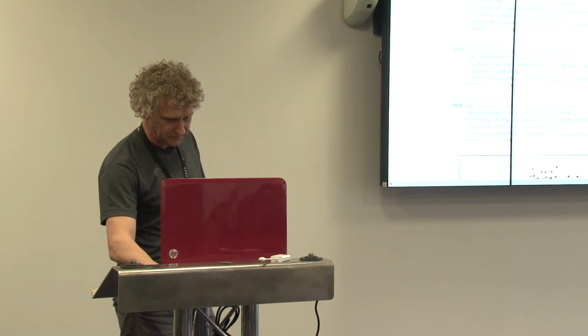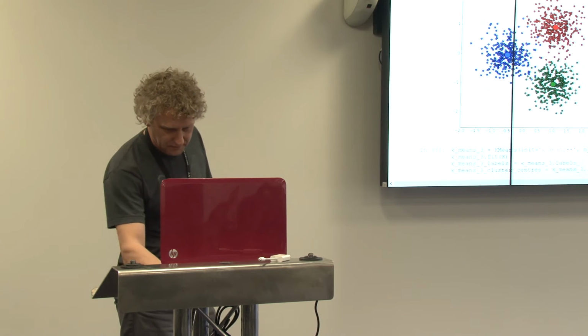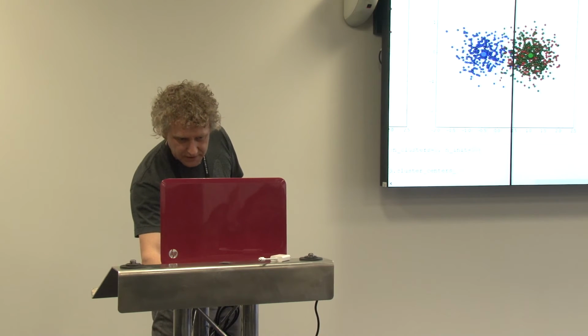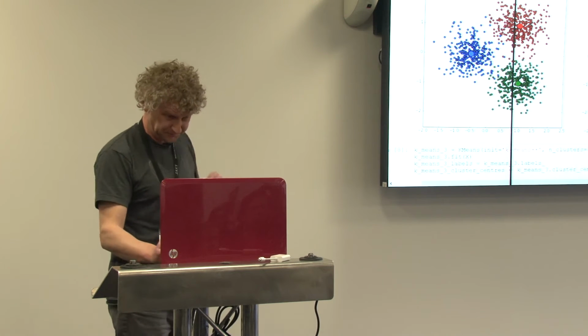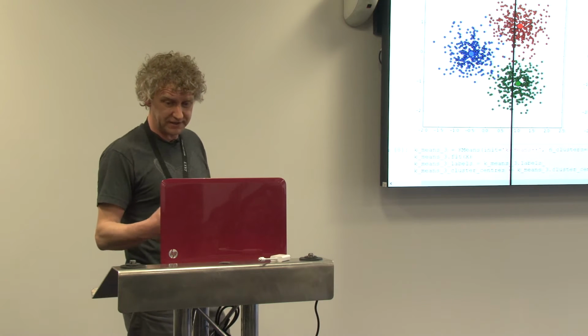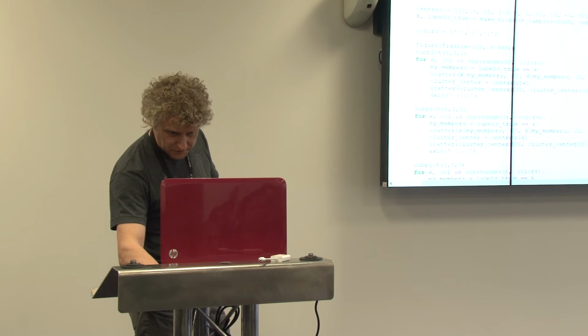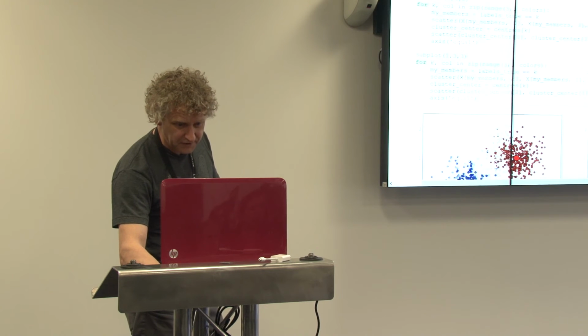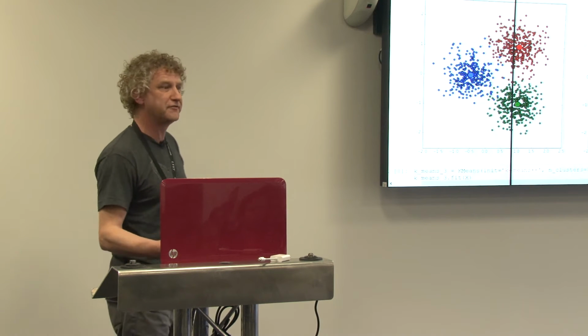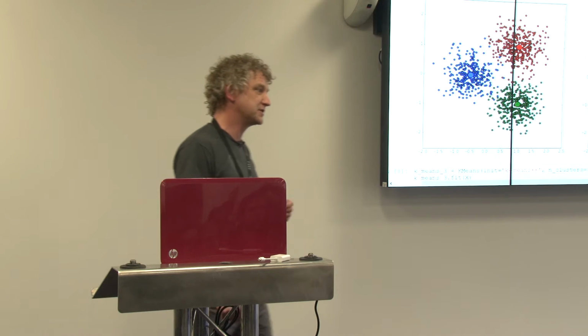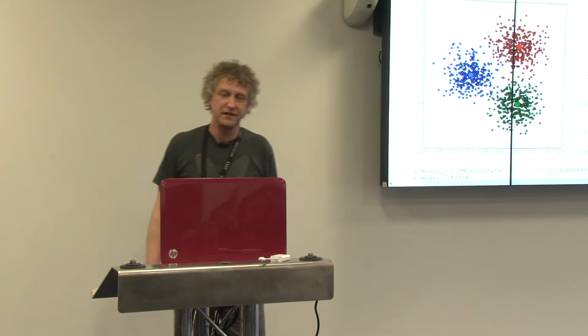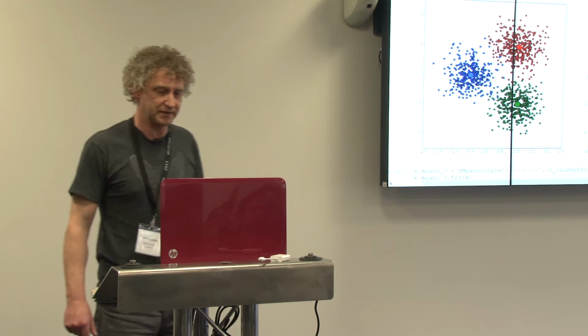So what happens if we add in more dimensions? Try to visualize 3 dimensions. In this instance, I've added in a third dimension that contains no information. The third dimension has the same mean and variance for all 3 clusters.